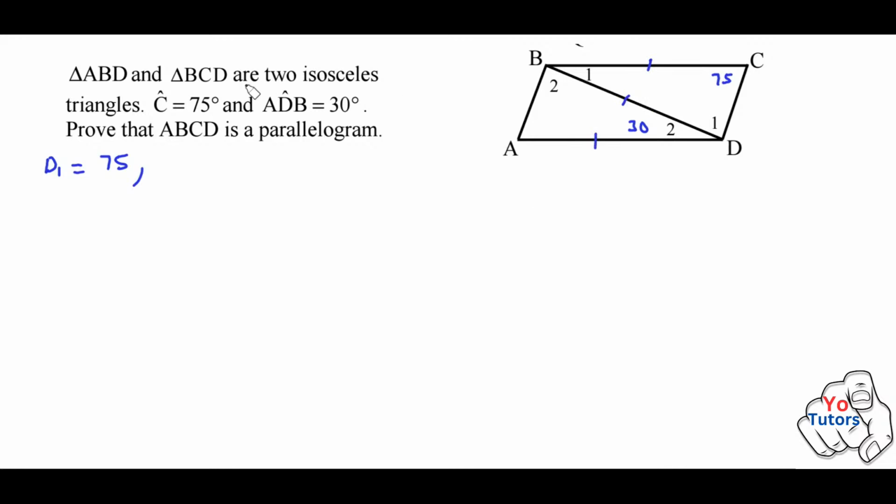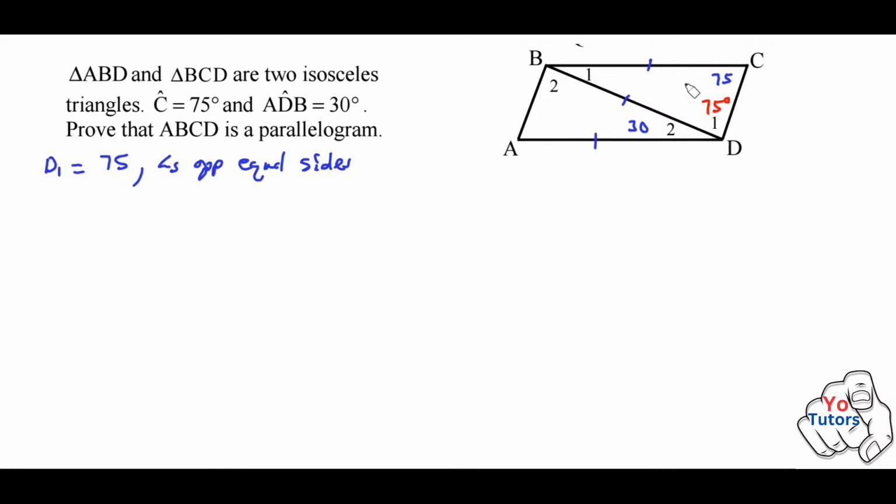Because these are two isosceles triangles, the angles opposite equal sides are equal. So this one will be 75. So we have now 75. So let's put it in red. What we are finding out is 75.